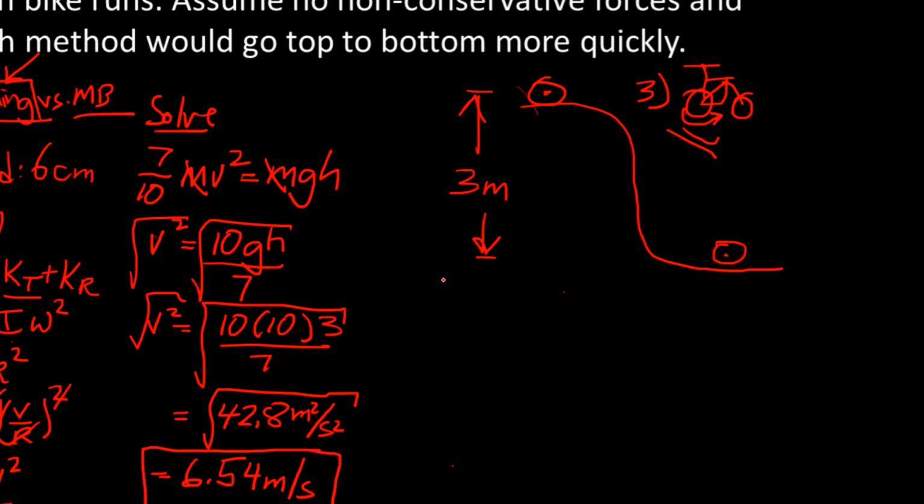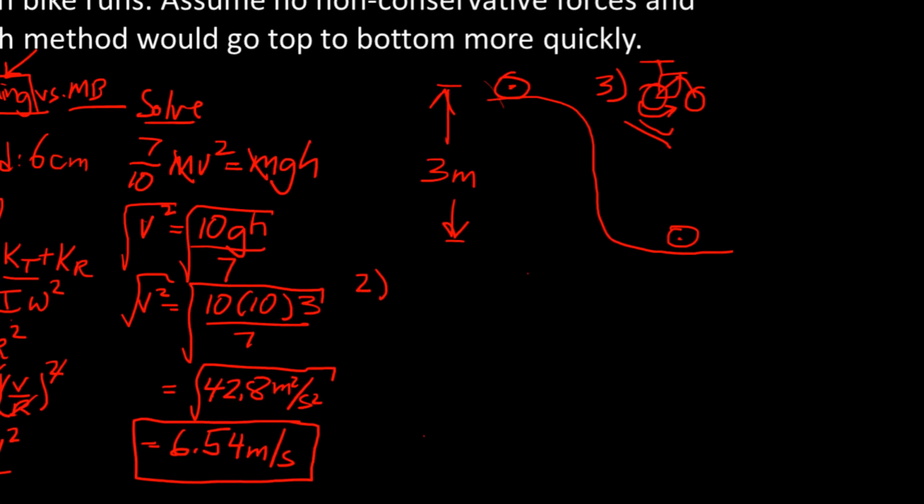Okay, the translational velocity. Number 2, the rotational kinetic energy at the bottom of the hill. We'll take advantage of this. We did some substituting down in the lower corner, and we found that our rotational kinetic energy is equal to 1/2 I omega squared.